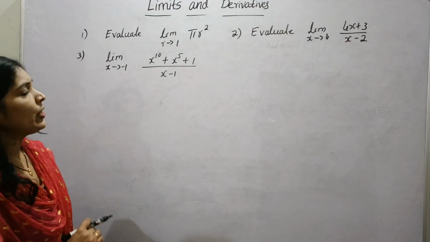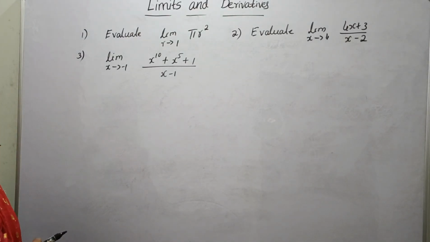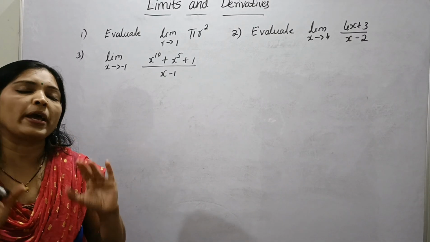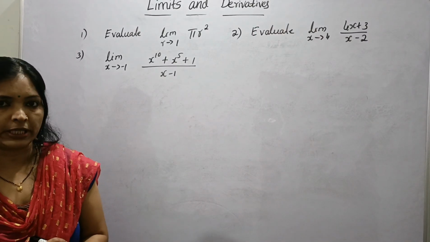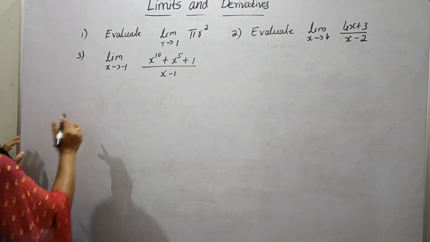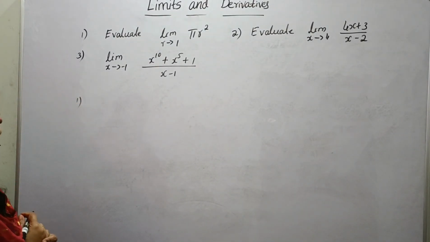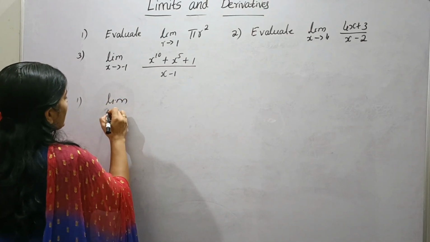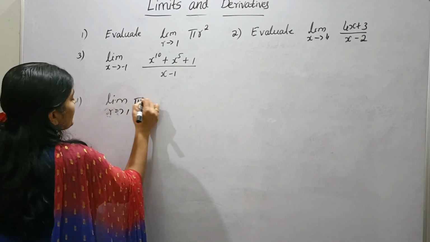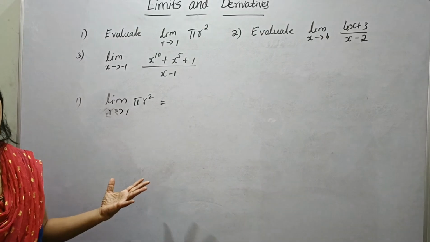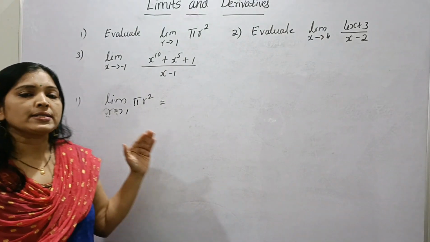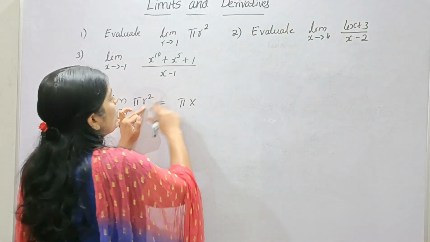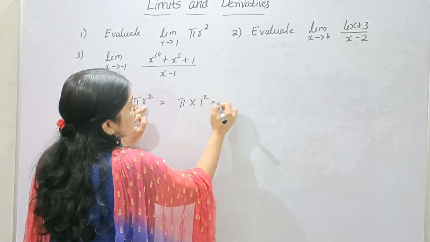The first one is: evaluate the limit as r tends to 1 of pi r squared. Whatever problem comes, first of all you have to apply the first method, that is the direct substitution method. Here, the limit as r tends to 1, not x, of pi r squared. Put r equal to 1.